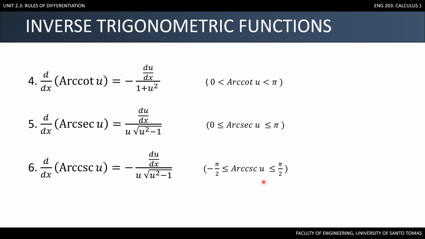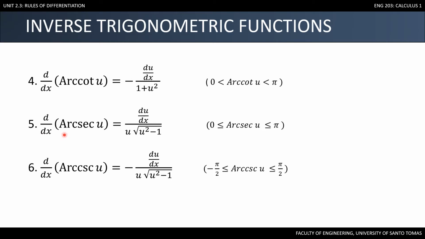The fourth formula is d over dx of arc cotangent u is equal to negative du over dx over 1 plus u squared, where arc cotangent u is greater than 0 but less than pi.